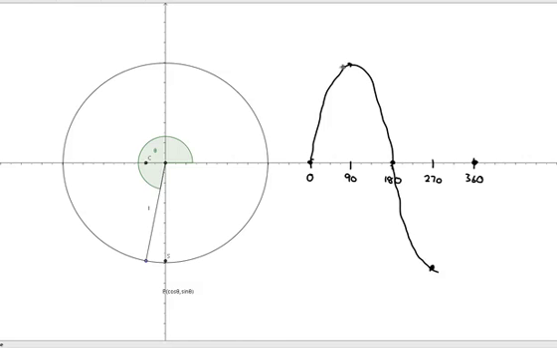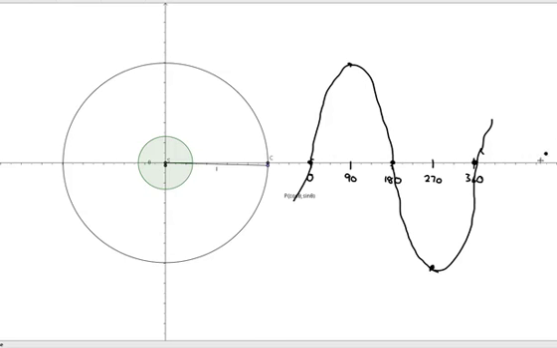See, if you give this graph a half turn about 180, this branch would fit on top of that. And then beyond 270, the values of sine theta increase again from negative 1 back up to 0. And that's reflected in this graph like so. And then, of course, the whole thing repeats itself.